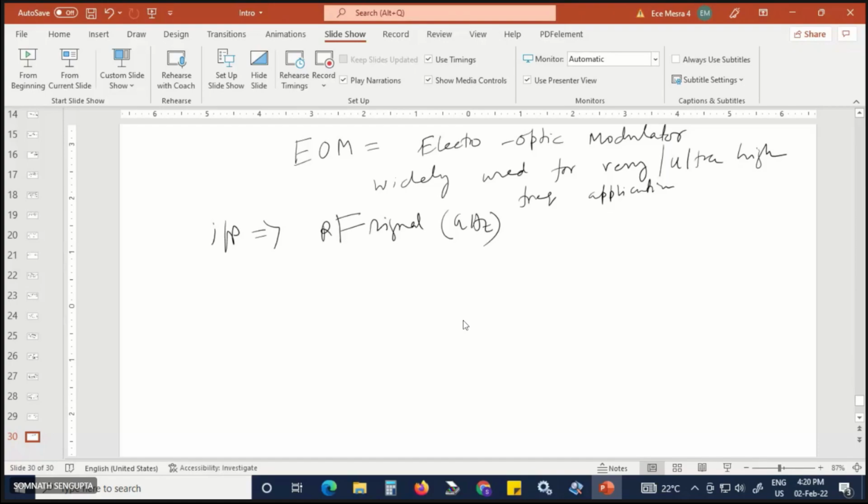Basically, it converts the electrical signal to an optical signal at very high frequency, gigahertz, not kilohertz or megahertz. So in that case, generally, this simple circuit, called the Mach-Zehnder modulator, is used.